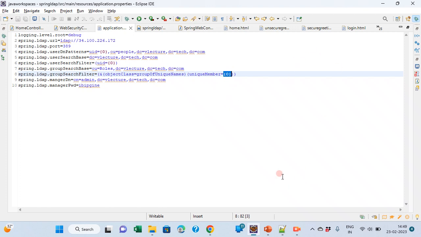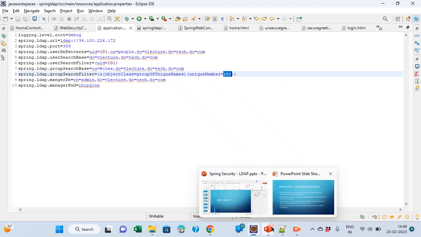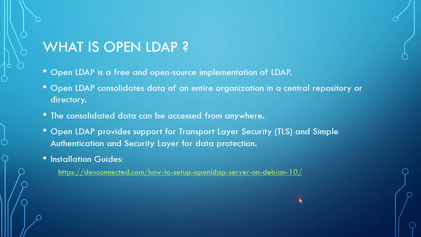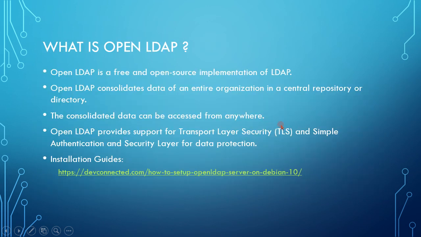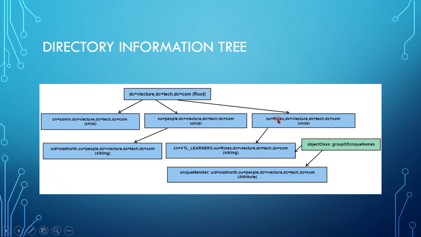Let me explain quickly on a presentation with the directory information tree. If you check here, the group search base is this one, sorry, the role entry. That is the group search base, and we are searching for the user role on the sibling entry btl_learner, OU equal to role.